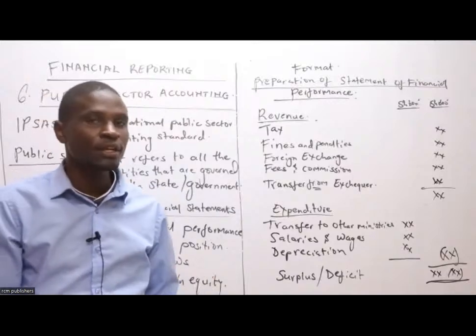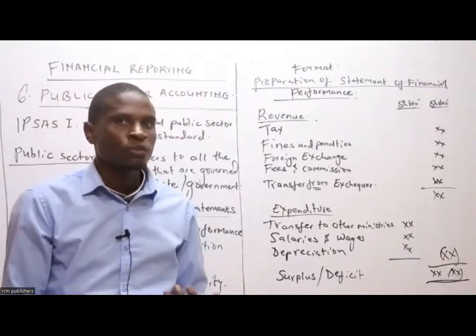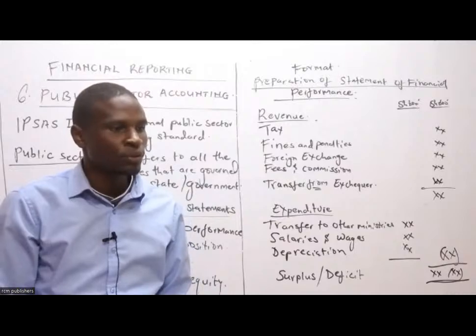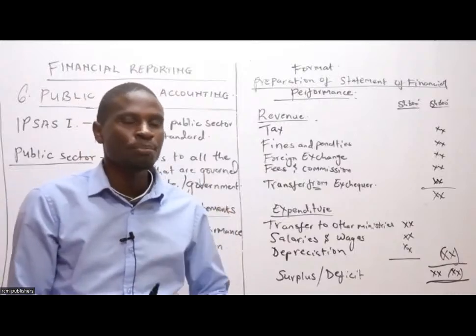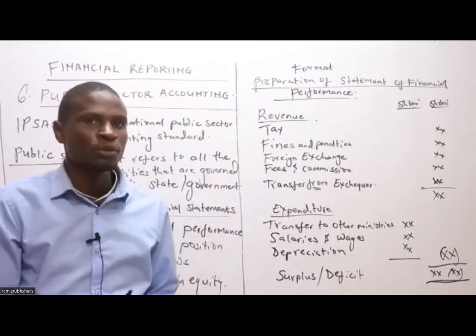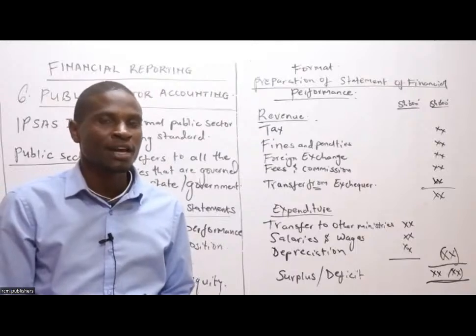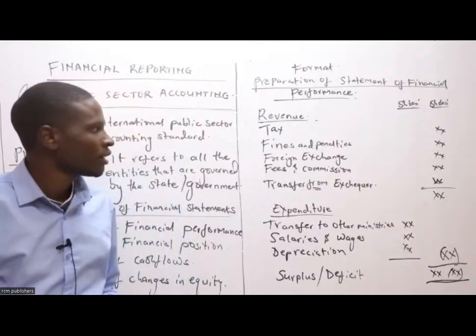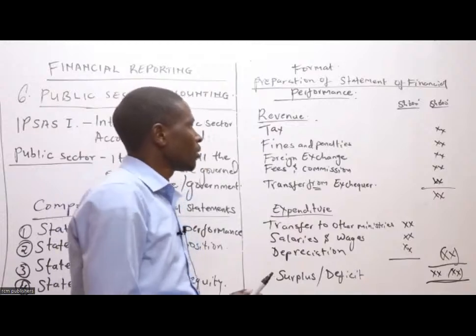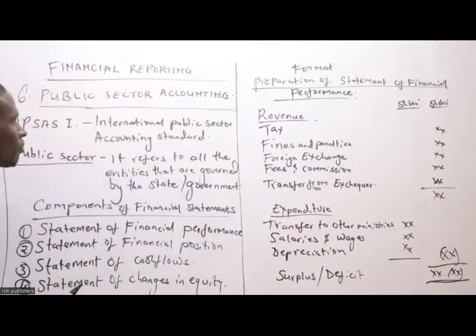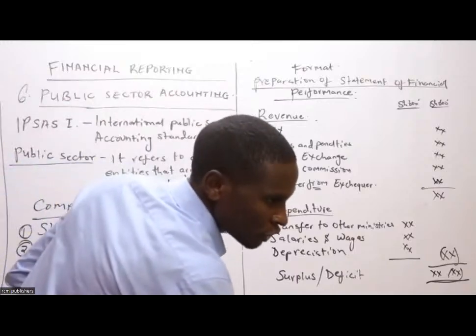If you're not getting, please say no so that we can come back for you. That will really help you to build up and understand. But if you are all okay, we can proceed now to the preparation of the statement of financial position.